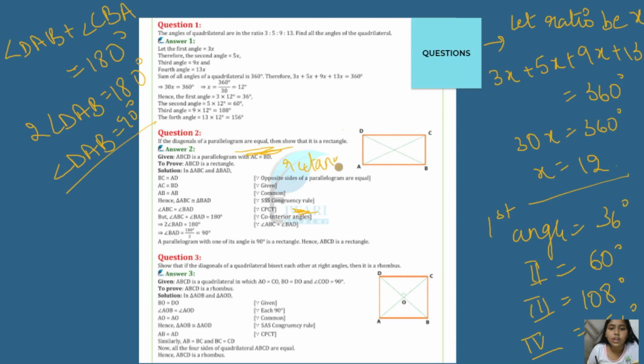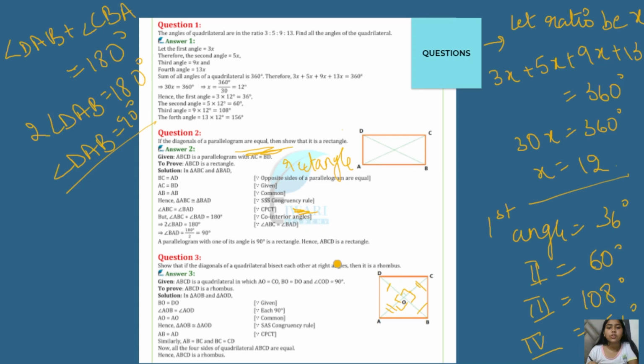Now the next question is: show that if the diagonals of a quadrilateral bisect each other at right angles, then it is a rhombus. So these are the diagonals, they bisect each other at right angles, and these parts are equal, so we have to show that it is a rhombus.